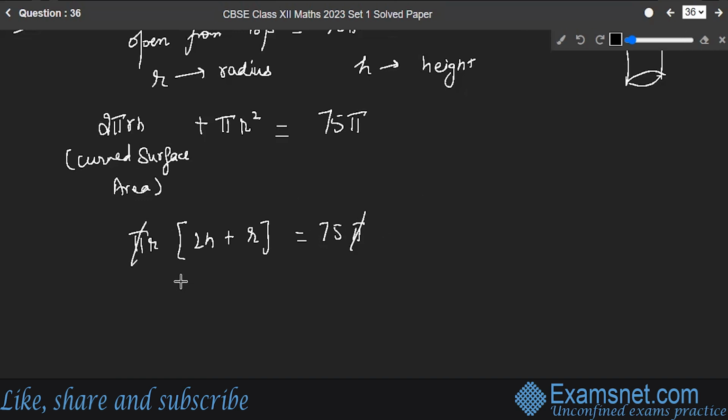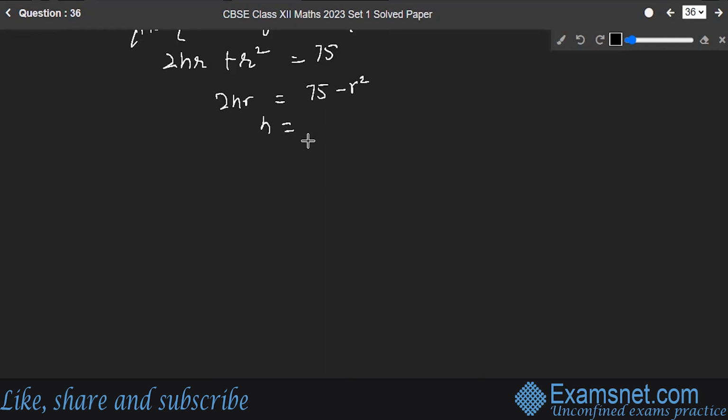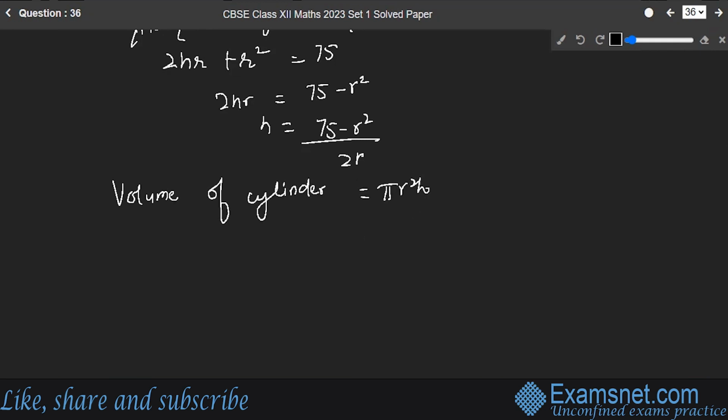Pi and pi will cancel, or I'll open this: 2hr plus r square is equal to 75, or 2hr is equal to 75 minus r square, or h is equal to 75 minus r square upon 2r. Now, volume of cylinder formula, pi r square h.